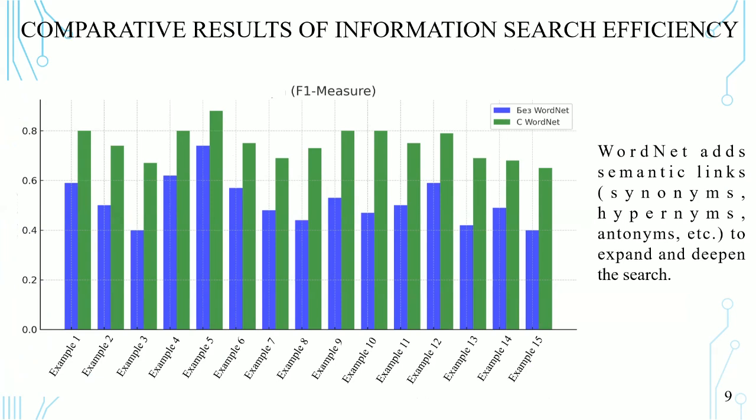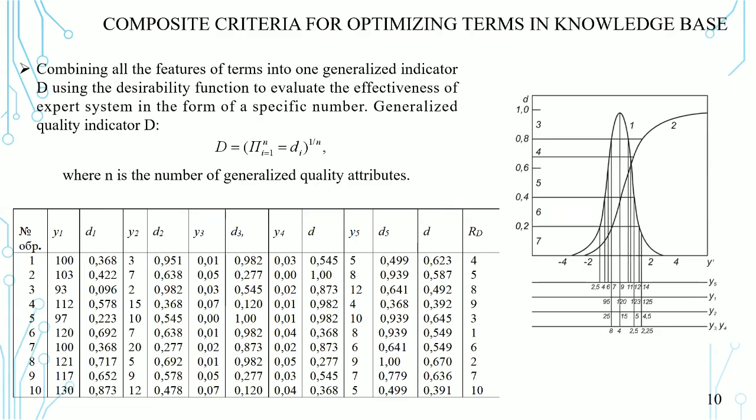So the green columns are with the use of embedded WordNet. We can see that WordNet adds semantic links to expand and deepen the search in the knowledge base of the expert system to provide efficient interaction between a human engineer and the system in the natural language.